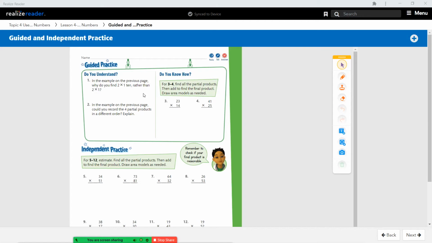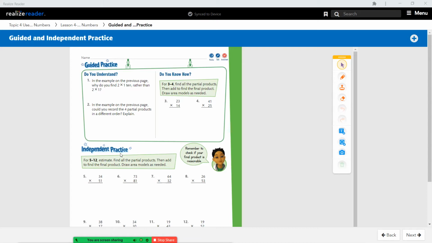So in that previous question, you're doing 12 times 15. So you're doing the 2 times the 1 that's in 15. And that 1 we know is a group of 10. So we find 2 groups of 10 instead of 2 groups of 1, because that 1 is found in the tens place. So its value is 10, not 1.